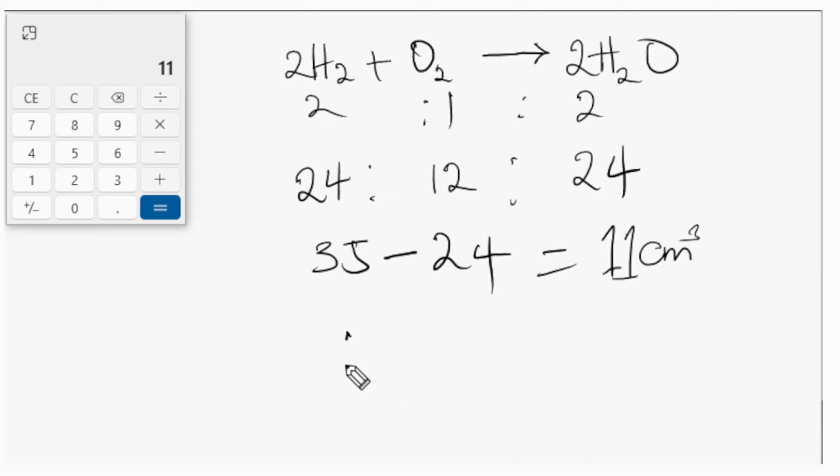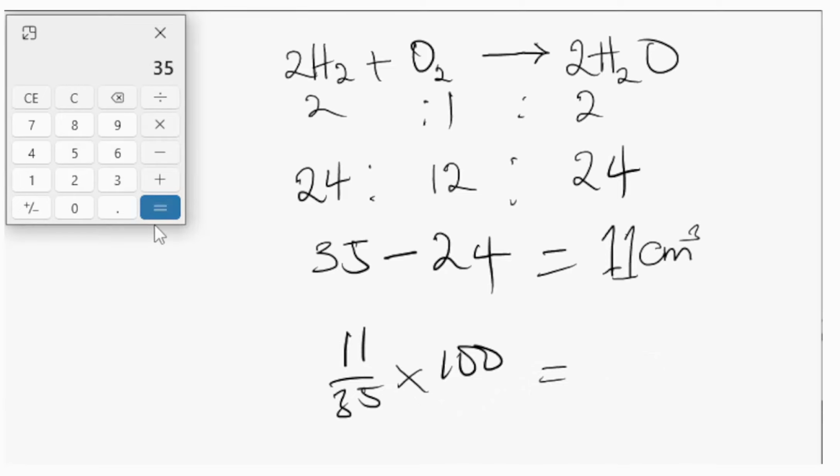So that will be 11 over 35 times 100, and 11 over 35 is 0.314, times 100, and that's 31.4.